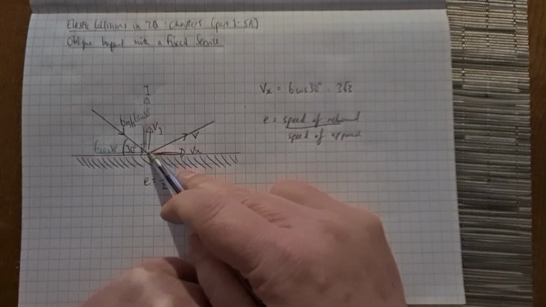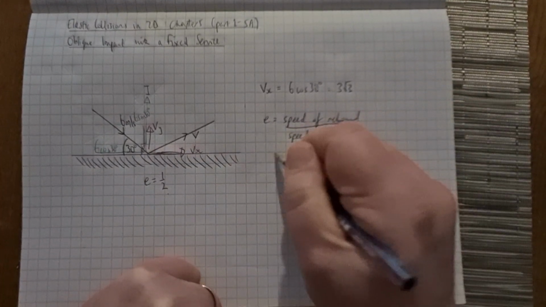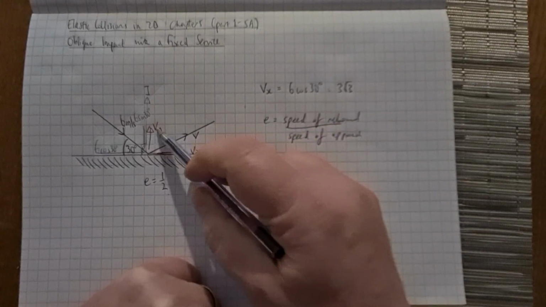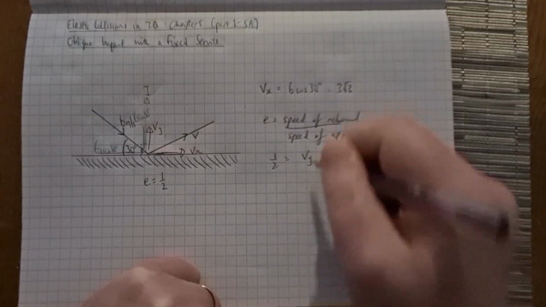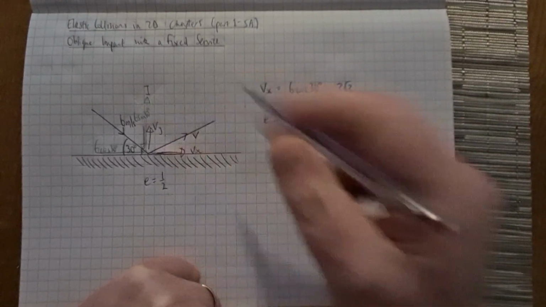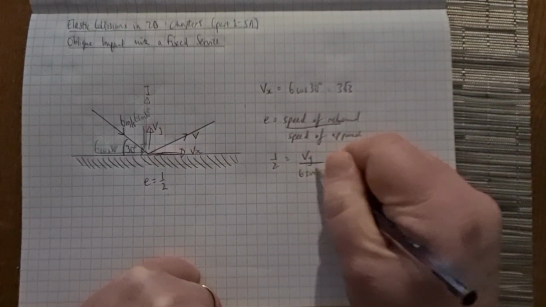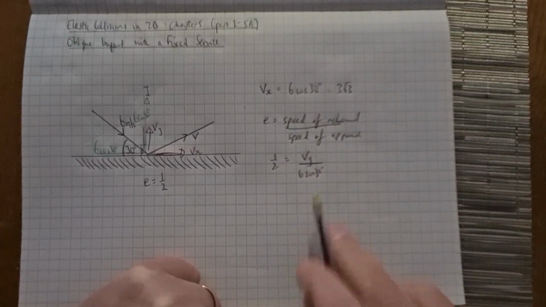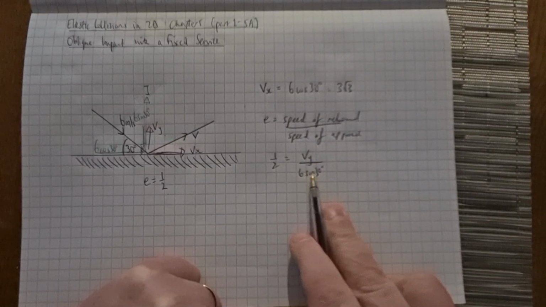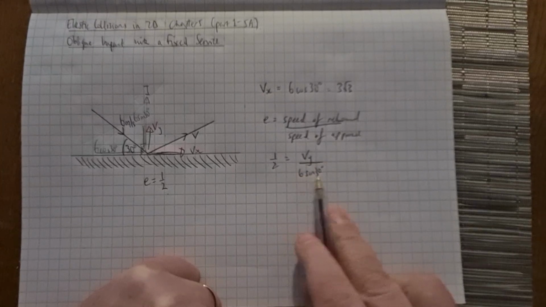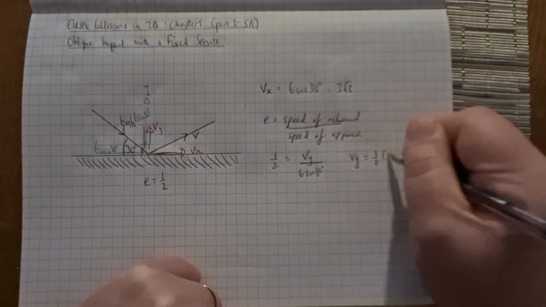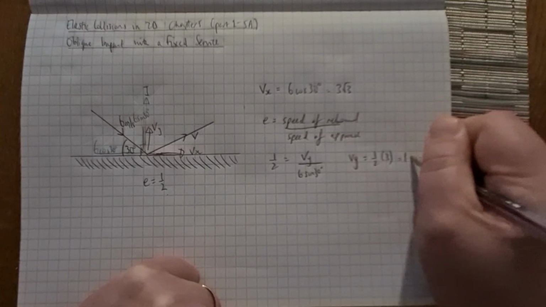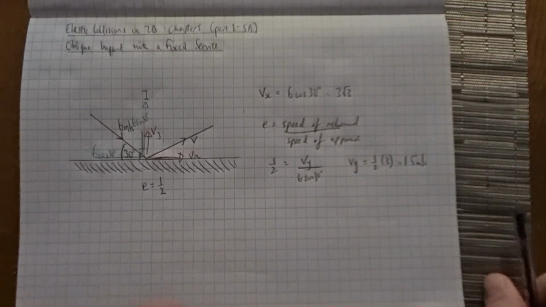So in this case, 1/2 is going to equal the speed of rebound, which is our vertical component of v, divided by the speed of approach, which was 6 sine 30 degrees. Sine 30 degrees is 1/2, so 1/2 of 6 is 3, and therefore vy is going to be 1/2 of 3, which is 1.5 meters per second.